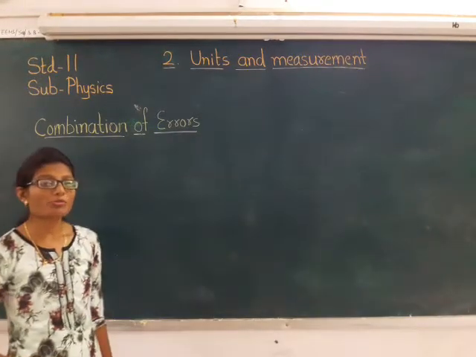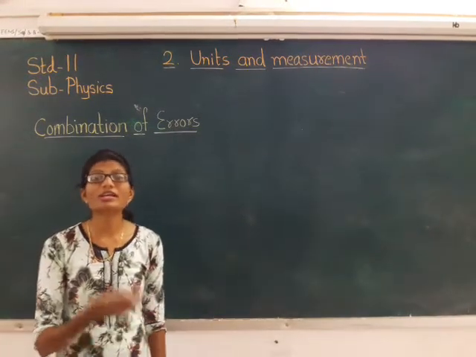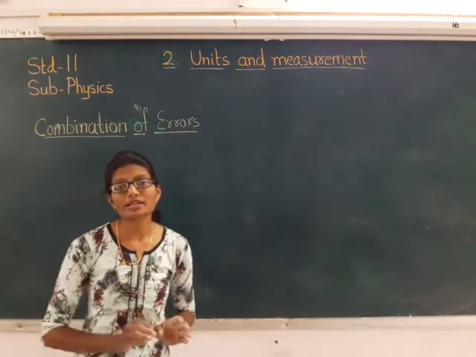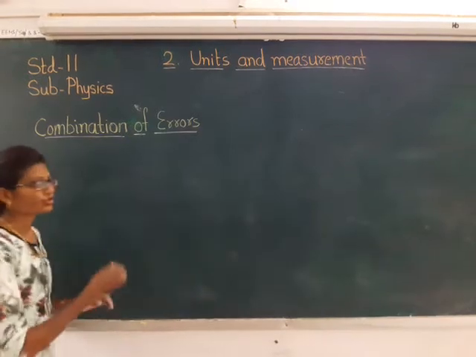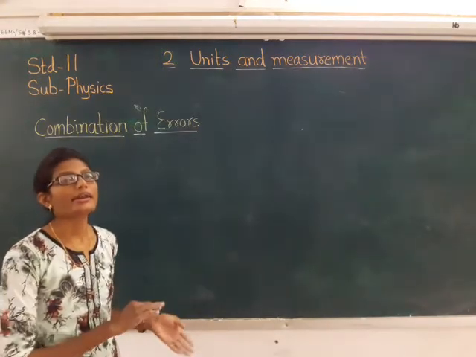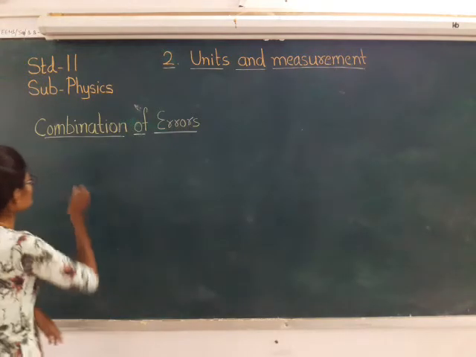Now let us see the common rule. There is a common rule for addition and subtraction, and there is a common rule for the product and the division, which you might see when you look at the rules for addition, subtraction, multiplication and division.